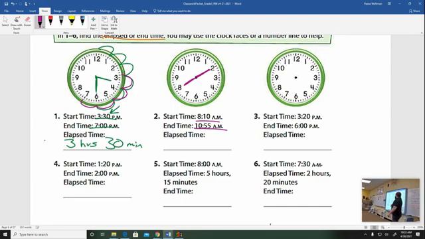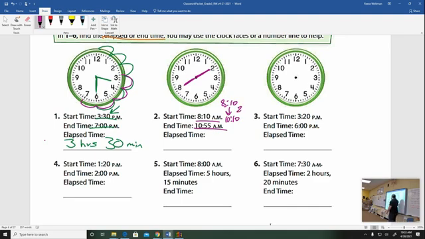So Brewer, you said you knew the answer. What is it? 2 hours and 10 minutes. So 8:10 to 10:10 would be 2 hours, right? Now, we do have to account for more than that, though.